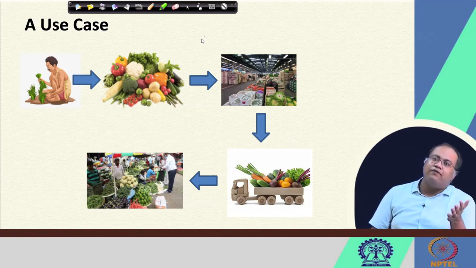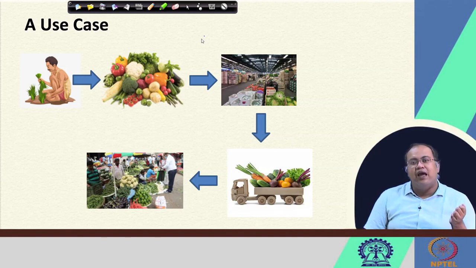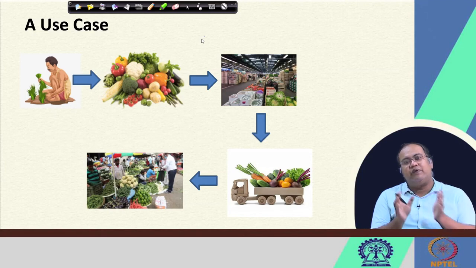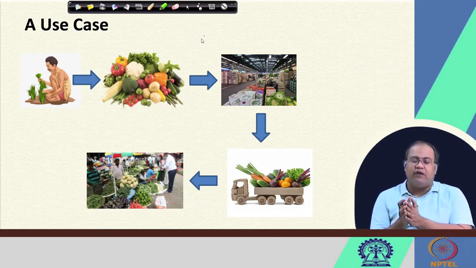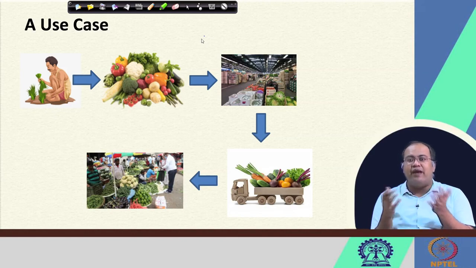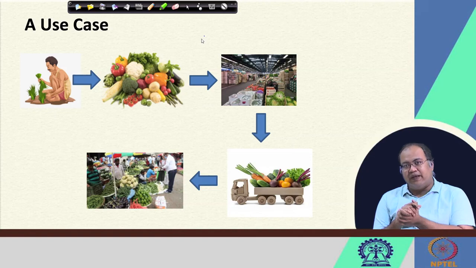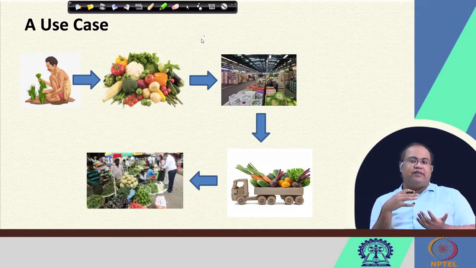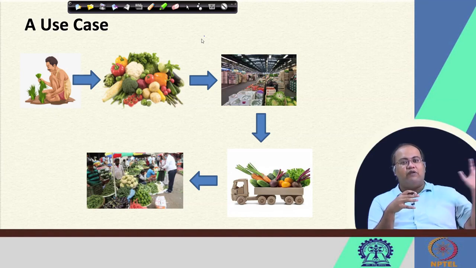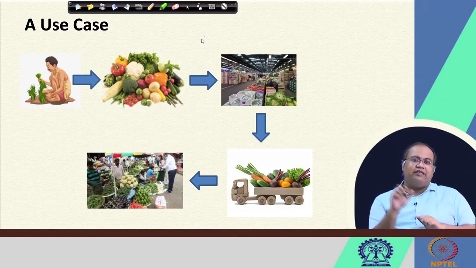When I have such a large set of participants, I obviously need to ensure that whatever information they provide is correct and valid. So what I can do is bring all the players in the end-to-end supply chain to a common coordination platform with the help of blockchain, where they can share information among themselves in a reliable way and make overall benefit from this supply chain management architecture. They can easily understand the demands and supplies and plan accordingly, for example, that I need to buy this much of potatoes from here and sell these potatoes there.